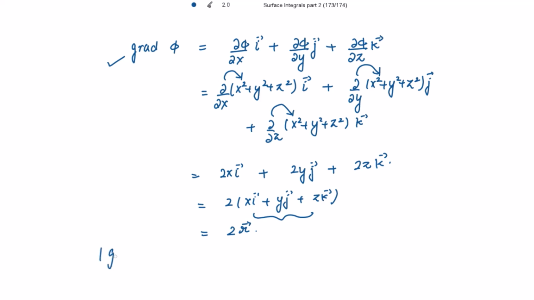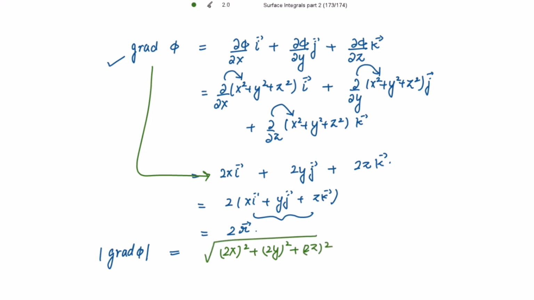Now finding the mod of grad phi. So this is the square root of 2x whole square plus 2y whole square plus 2z whole square. That is equal to the square root of 4x square plus 4y square plus 4z square, which is further equal to, if I take 4 common from this, twice of square root of x square plus y square plus z square, that is r square.